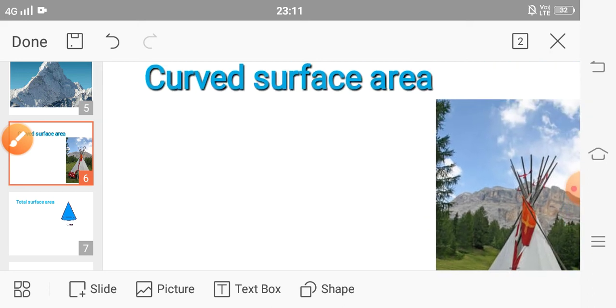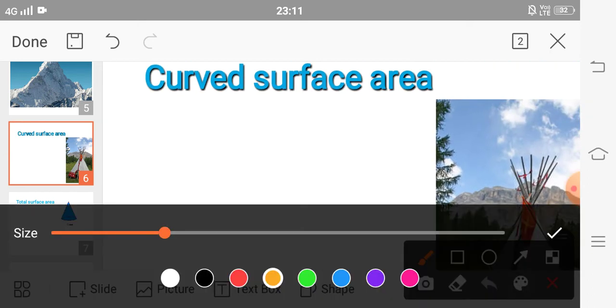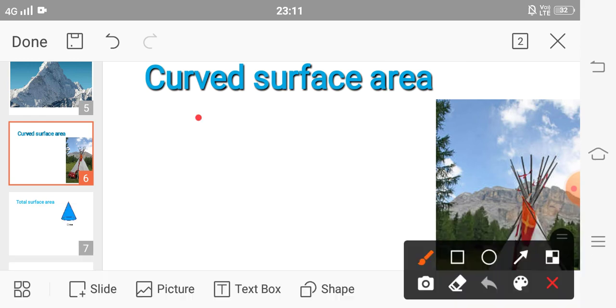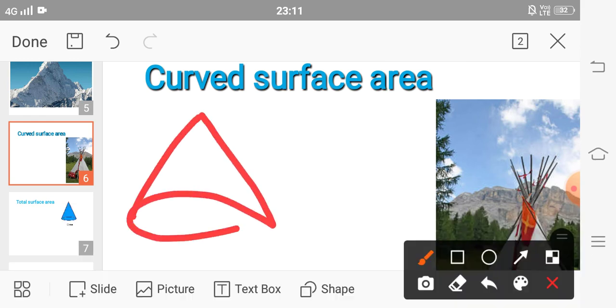Curved surface area means, if we take a cone, then this is called curved surface area. Side area is called curved surface area, not this area.